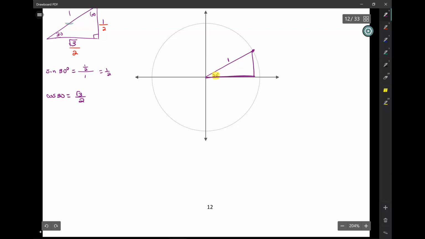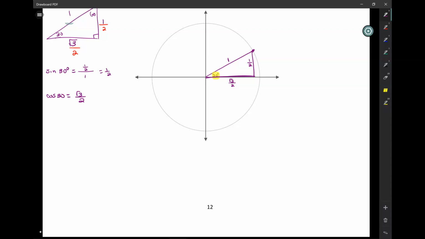Do you see how I still have my 2 sides of the triangle? I have a longer leg and a shorter leg. This shorter side is always going to be 1/2. The longer side is always going to be root 3 over 2.